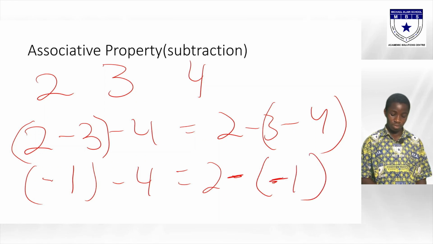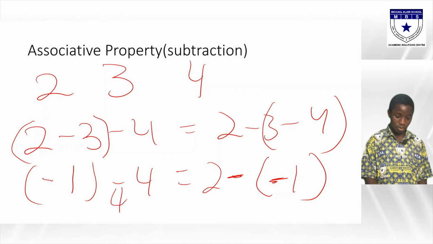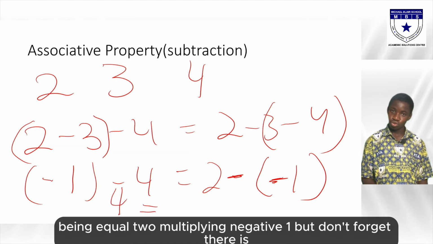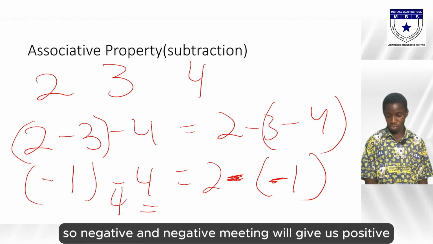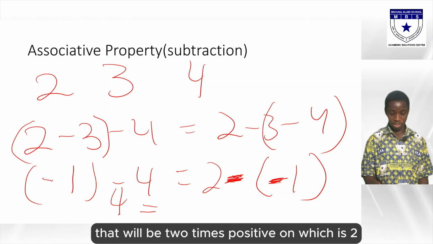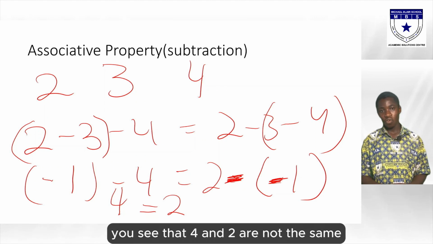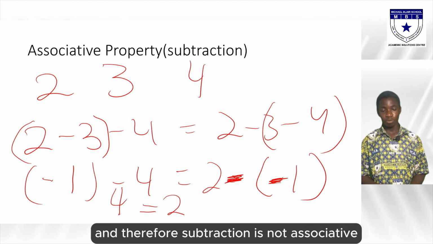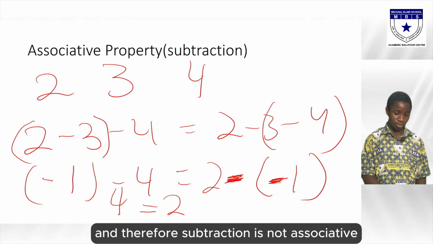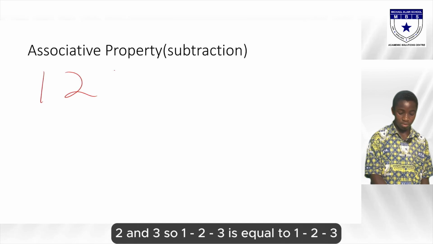So at the end of the day, we have -1 multiplying -4, which will give us 4, being equal to 2 multiplying -1. But don't forget there's another negative here. Negative and negative meeting will give us positive. So that will be 2 times +1, which is 2. If you observe properly, you will see that 4 and 2 are not the same, and therefore subtraction is not associative.